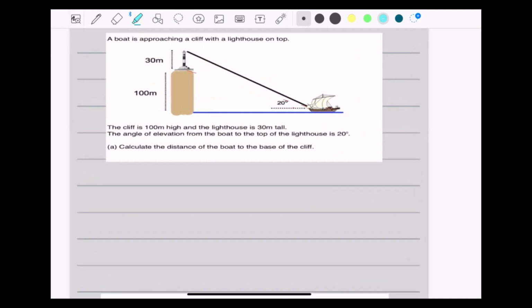A boat is approaching a cliff with a lighthouse on top. As you can see, the cliff is 100 meters high and the lighthouse is 30 meters tall. The angle of elevation, this is our line to focus on. The angle of elevation from the boat to the top of the lighthouse is 20 degrees. Calculate the distance of the boat.